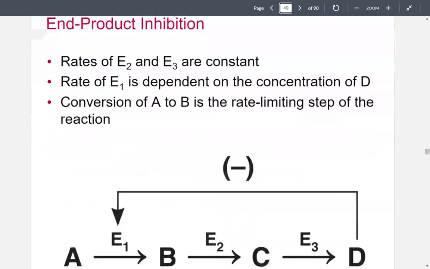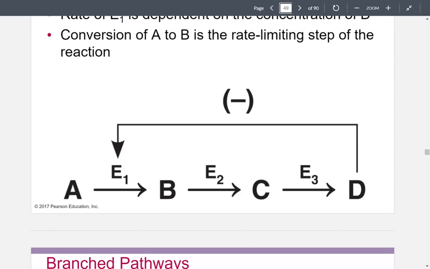Then we have something known as end-product inhibition. So this is where we take enzymes 1, 2, and 3 again, and they are in the process of converting substrate A into end-product D. We are going to send A through enzyme 1 to make B. B is going to go through enzyme 2 to make C. And then C is going to go through enzyme 3 to make D. If we end up with too much of product D, that is going to inhibit enzyme number 1.